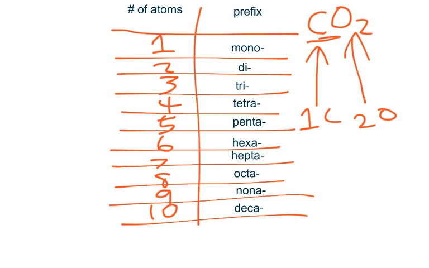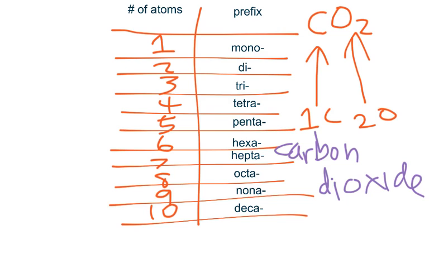If your first element has only one atom, then we omit the prefix for that. So instead of being called monocarbon, we will just call it carbon. And our second element has two oxygens, so according to the table, it will be di, and then oxide.